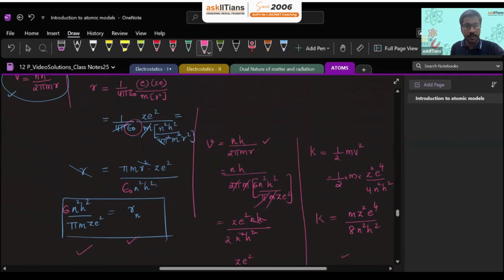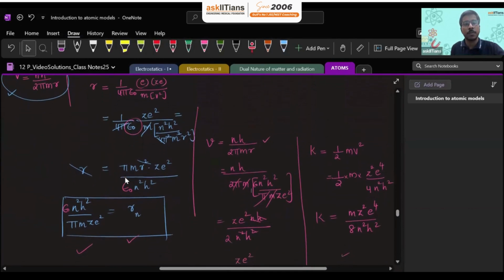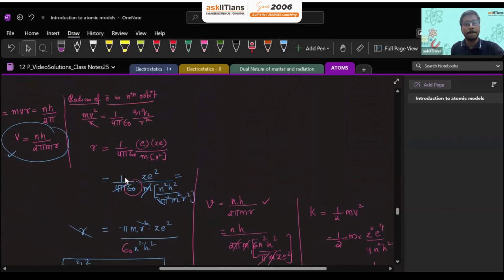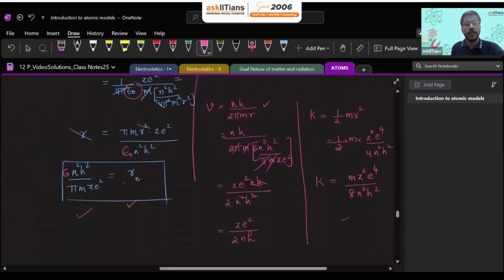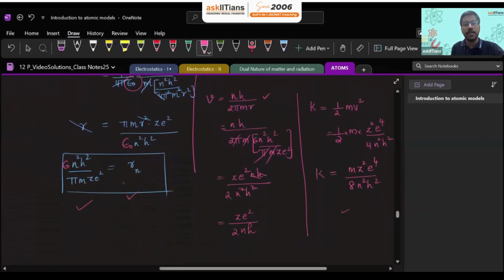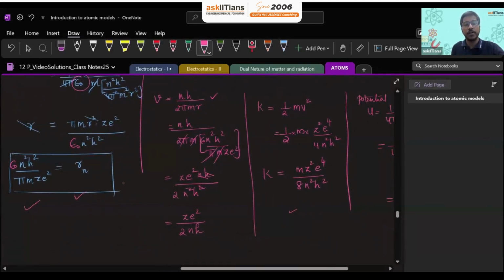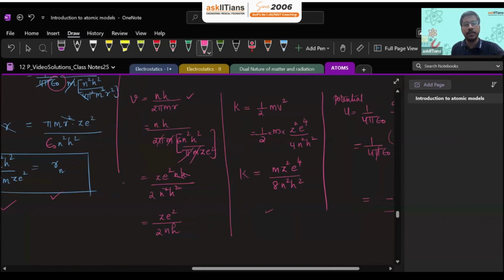Let me verify it. Yes. Okay, fine. So we have added epsilon naught n square h square here. Then again, 2 pi m r epsilon naught n square h square.